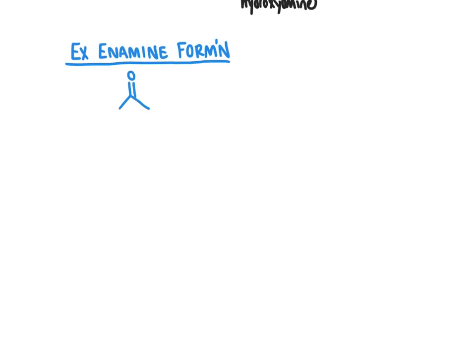You should definitely take note of this name because it is more commonly used than the name 2-propanone. I think I misspoke just a moment ago and said 2-butanone. It's definitely 2-propanone here, more commonly called acetone, practically never called 2-propanone. So we're going to take acetone and we're going to react it with diethylamine.